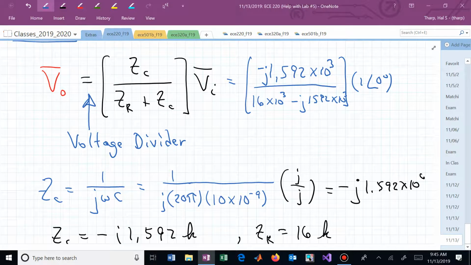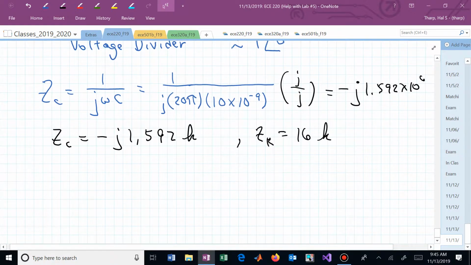You can go through the exact analysis, but I'm going to say this is approximately 1 at 0 degrees. And what does that say V sub 0 of t is?